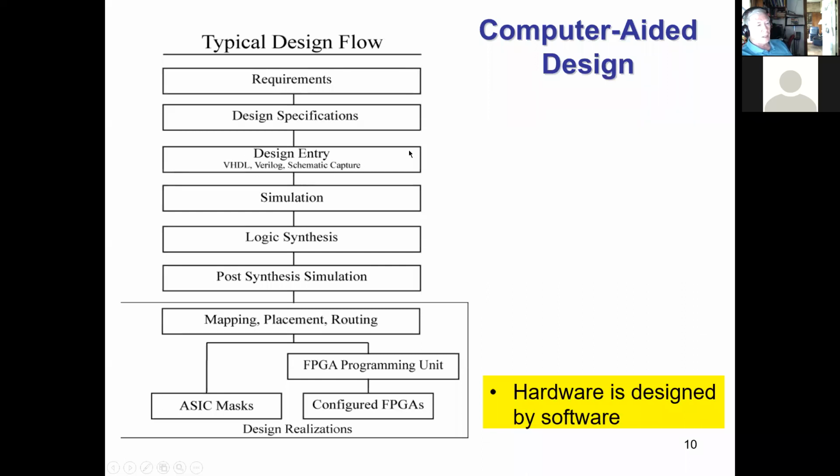Probably not schematic capture much anymore because devices are so complicated, you can't write a schematic. I think I've given you this example, but remember, if you think about the latest NVIDIA chips, there's one with 14 billion transistors on it. And I did the math for 4 billion transistors.